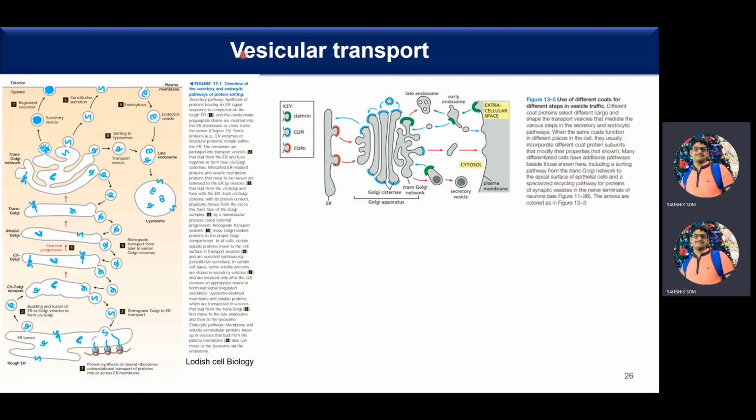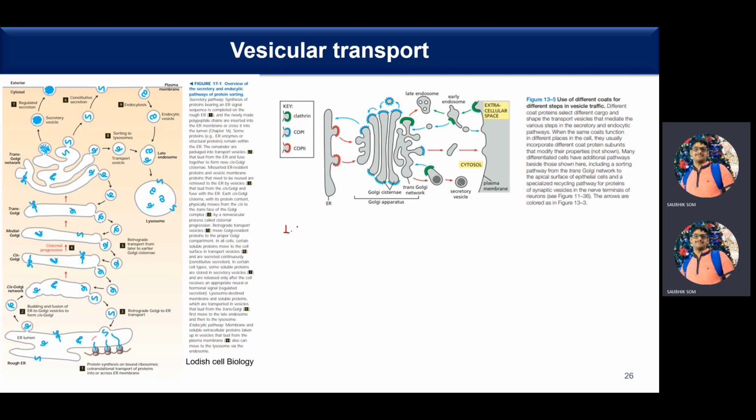So vesicular transport is made of different types of secretory as well as endocytic pathways of protein sorting. There can be, mainly, three types of events happening inside this vesicular transport.